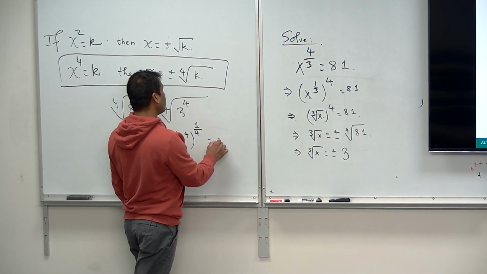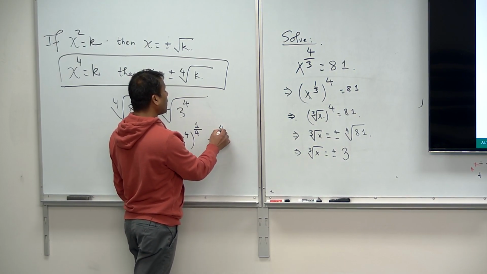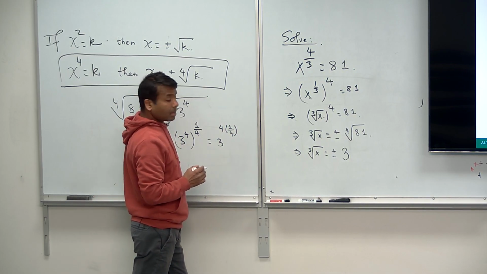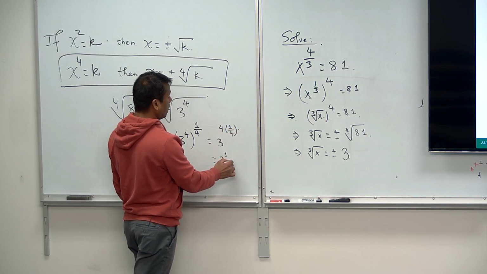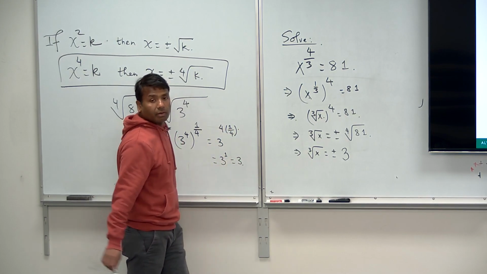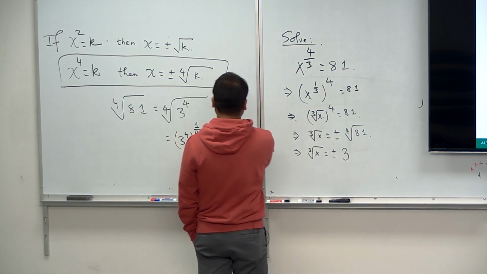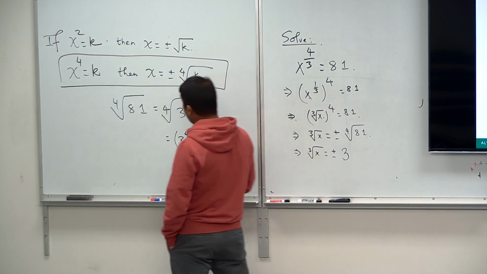If a power is raised to a power again, you multiply them. 4 times 1 over 4 is 1, so 3 to the power 1 is 3. That makes sense? So the 4th root of 81 is 3.